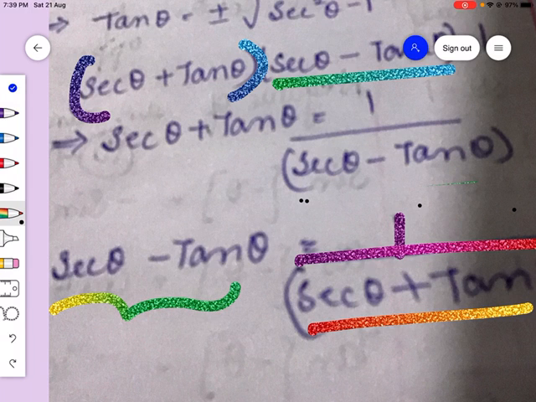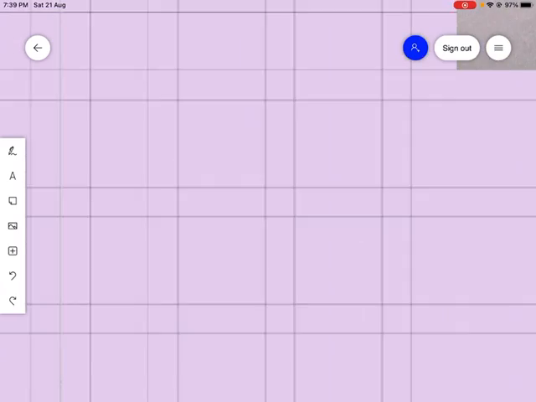Secant theta minus tan theta equal to 1 by secant theta plus tan theta. This is the formula you get when there is a minus.